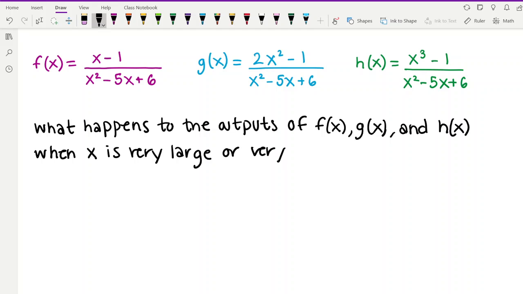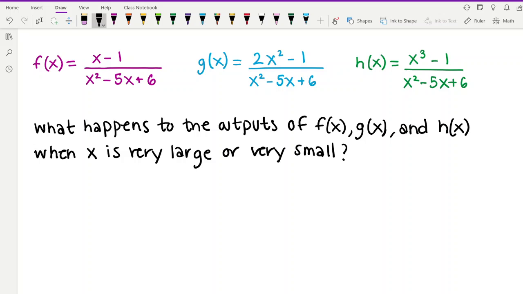Because we just said earlier that horizontal asymptotes have to do with the end behavior of a function. So if we don't know what the graph looks like, how can we get an idea of the end behavior? We can do so by plugging in numbers. We did that actually, I think, with the polynomials. Before we learned the rules for what the end behavior was, we talked about plugging in numbers and how that is a way of determining the end behavior.